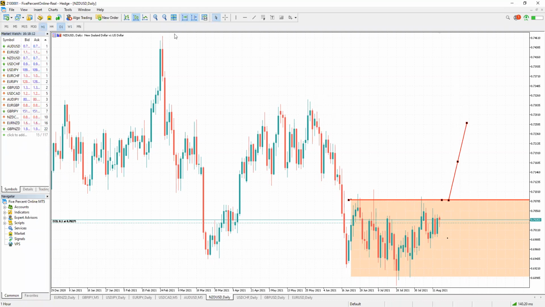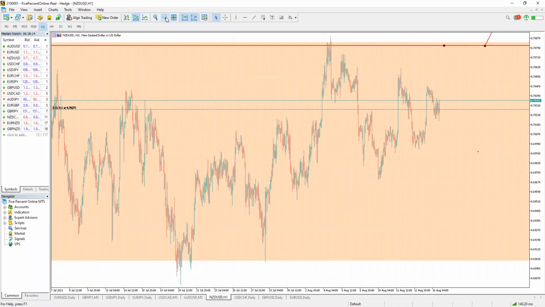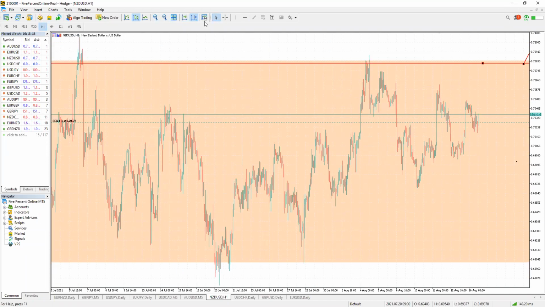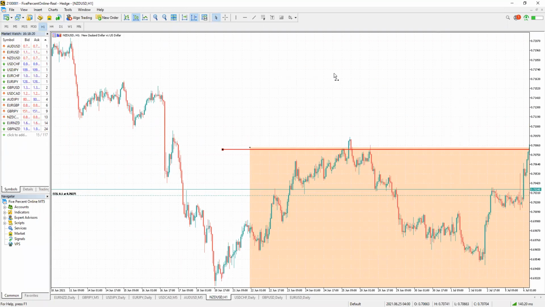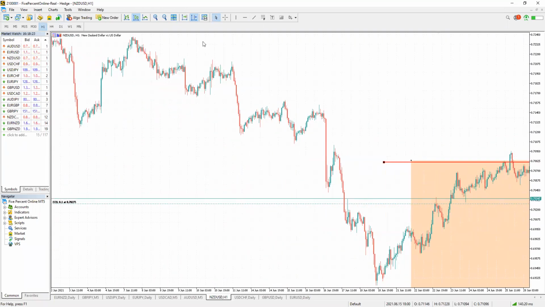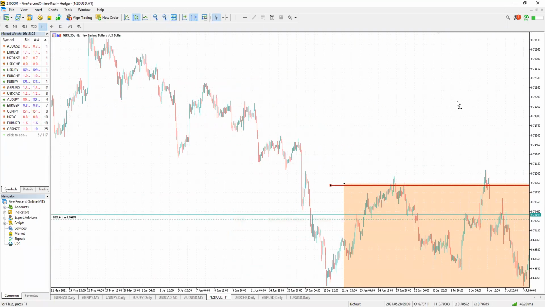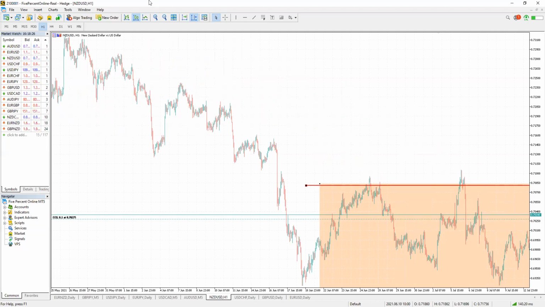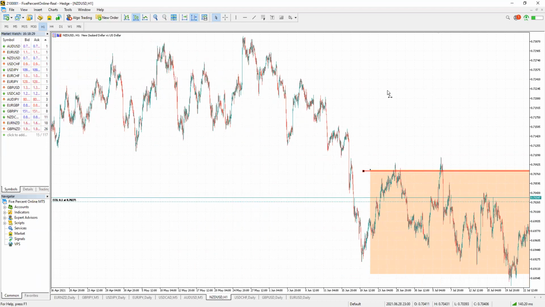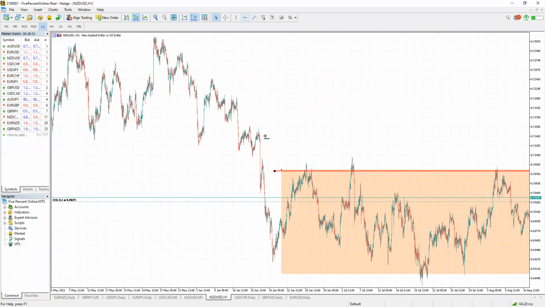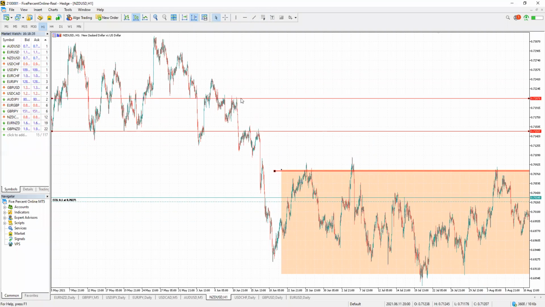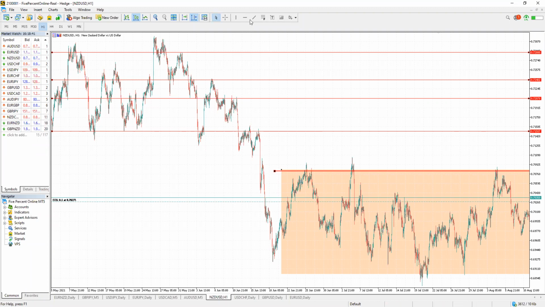Okay, if we go to lower time frames, let me see, where can we find new supply? Okay, so we can see the supply levels. So we can see there, that one, and of course that one.